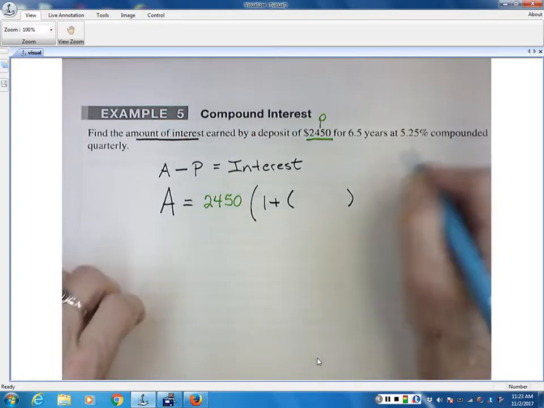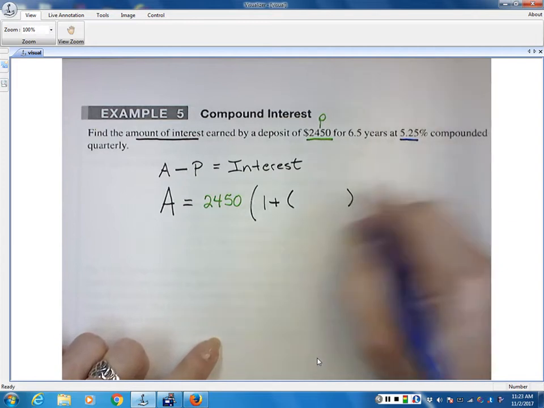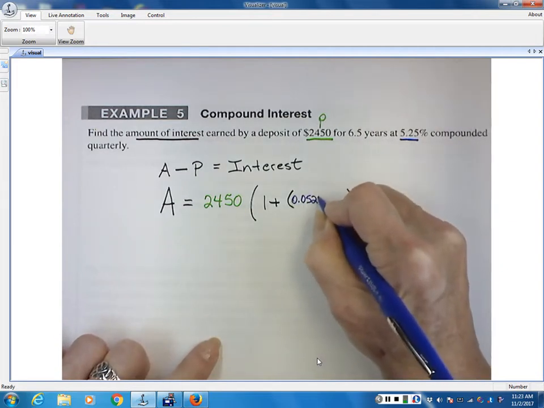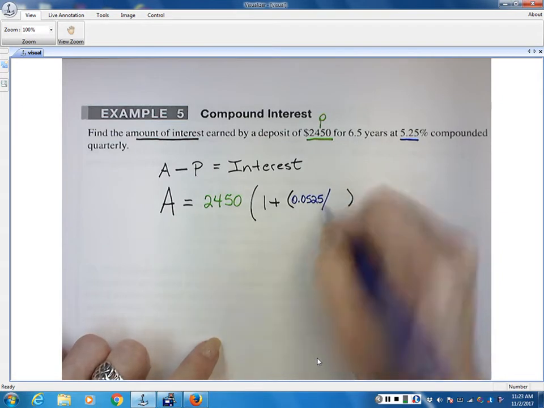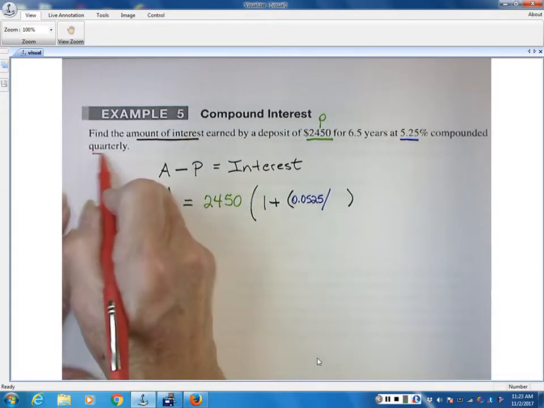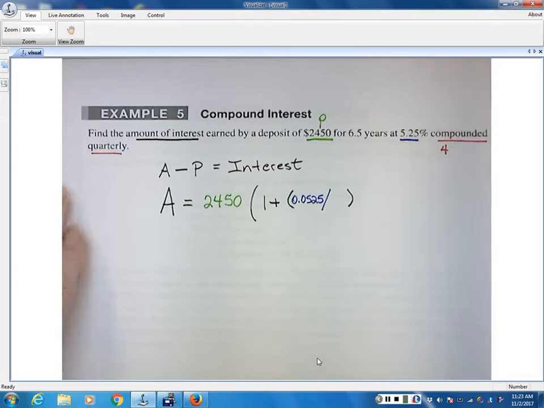It comes from the annual interest rate, and then by how often you compound, which is 4 times a year.